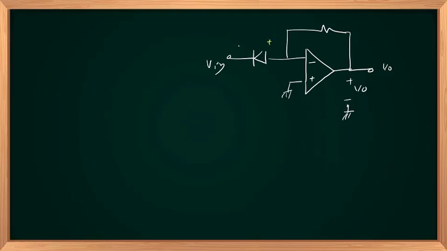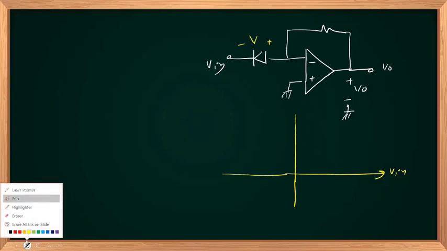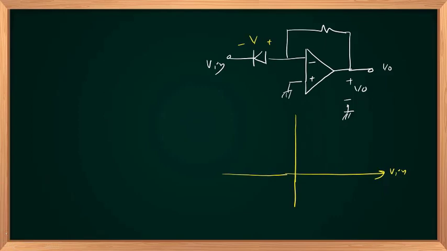This is nothing but V, the voltage across the diode. In this case, if V in is positive, the diode turns off, and there is no feedback.